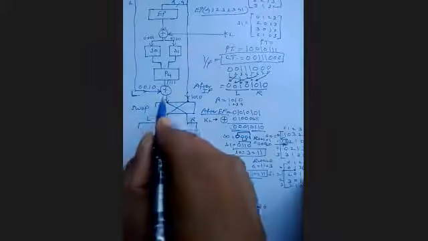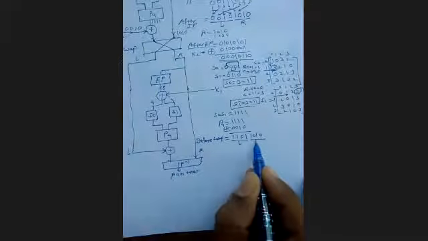Before swapping, this is the digit I have got. Swapping means that the left part you have to shift to the right and the right part you have to shift to the left. So divide this into two parts, left part and right part.